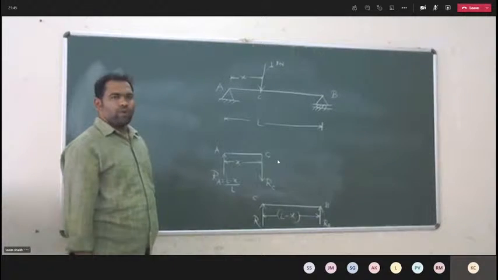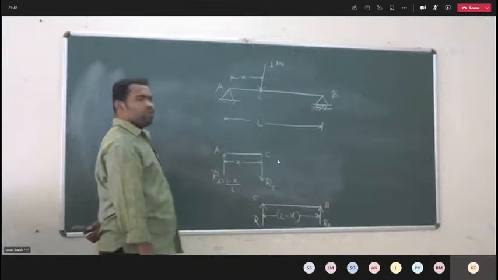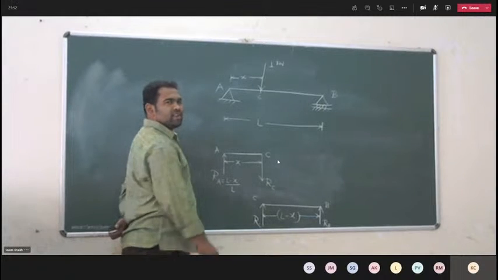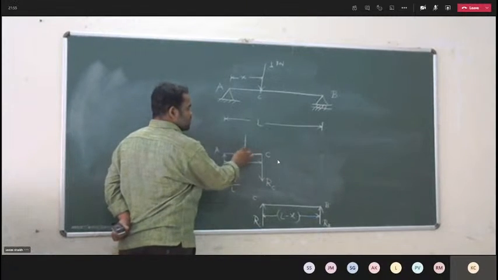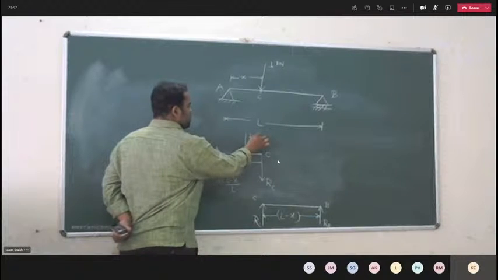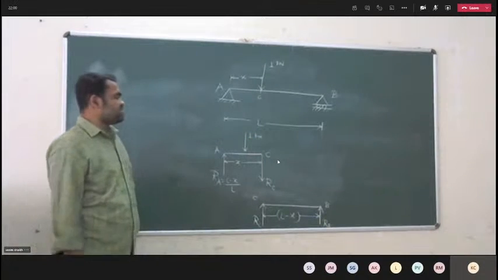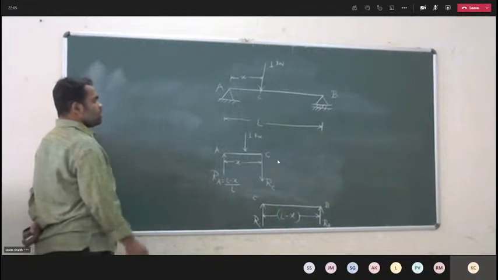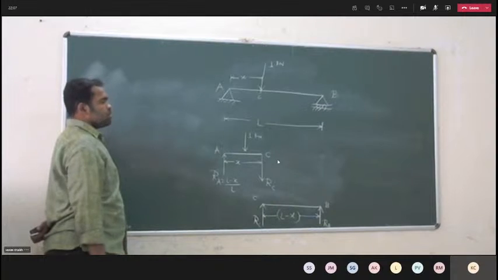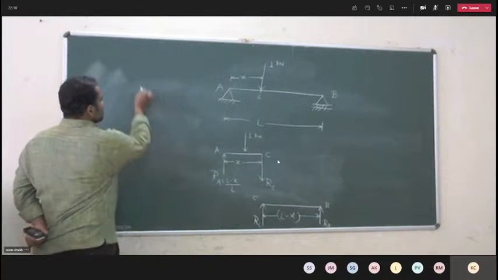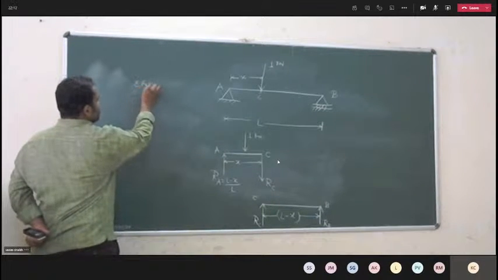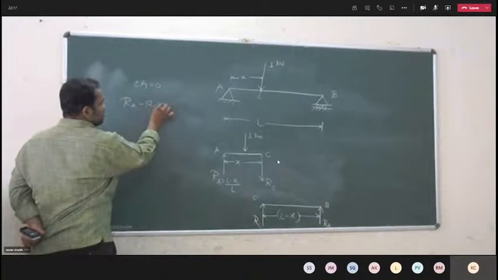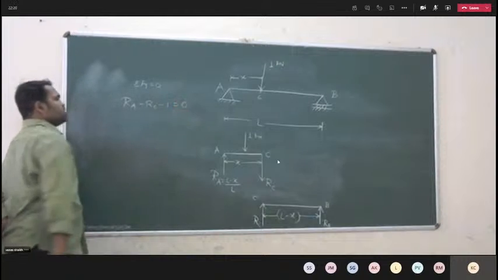So what do we have to do now? I have to consider the 1 unit load over the span AC. I have to consider the 1 kilonewton load, that is the moving load, over the span AC. Now applying the equations of equilibrium for the span AC, summation of Fy is equal to 0. So RA minus RC minus 1 is equal to 0.